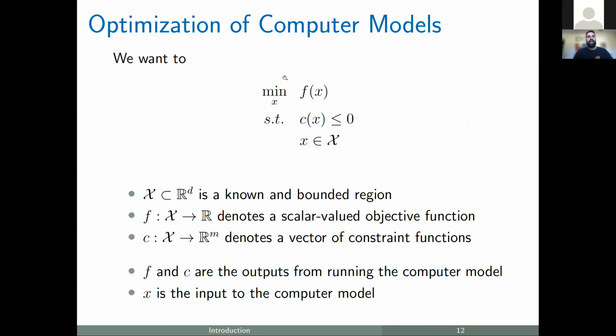Recasting this as an optimization problem, we want to minimize some objective function f of x subject to meeting some constraints that we're going to say are less than or equal to 0. In our context, we get the objective function as an output of running our computer model, same as our constraints. So for any input x to the computer model, we get out an f and a constraint value c.